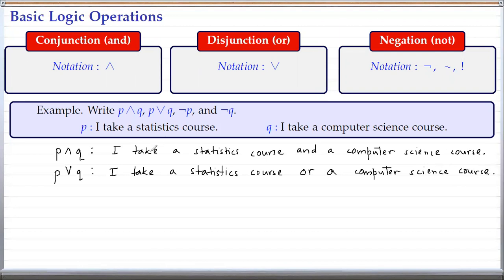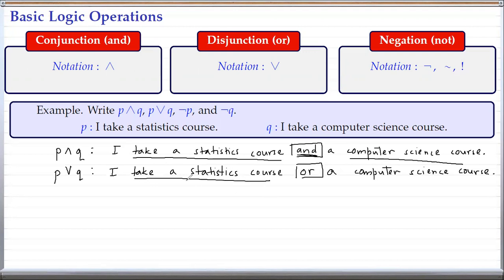Now let's look at these two statements, and and or. When you say and, you are taking both a computer science course and a statistics course. You must satisfy both of these statements. But when you say or, it could be at least one of these two.